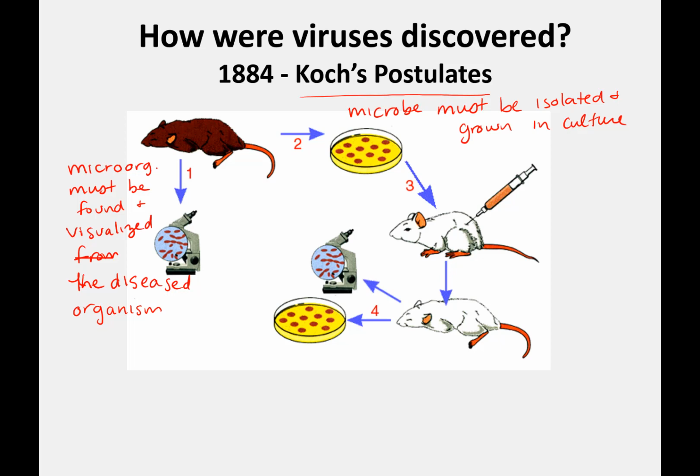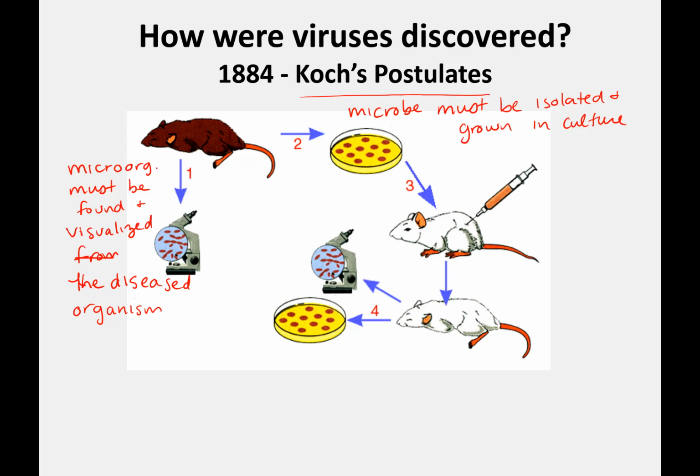Well, viruses require a host cell to grow on, so you can't grow them alone. They don't multiply alone. So we had to develop methods of growing cells and then infecting them with viruses, and they didn't have this back then.